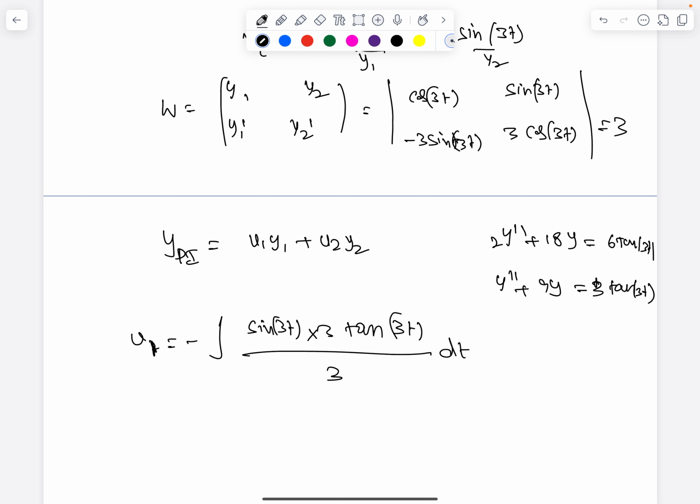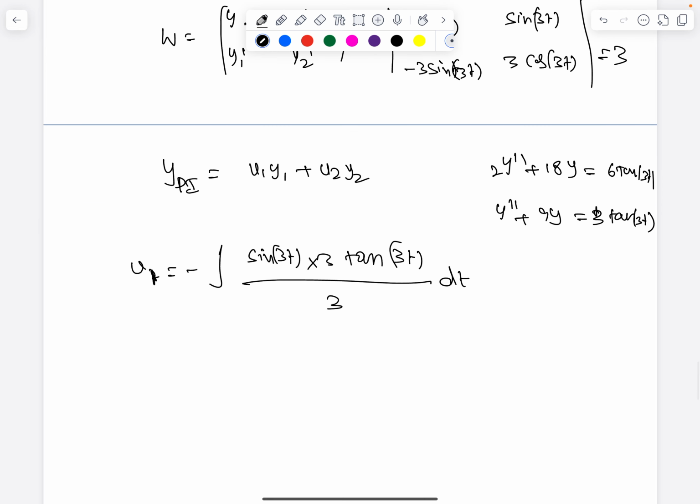Therefore, it leads to a form like this: minus 1 by 3 integration sin square 3t divided by cos 3t dt.